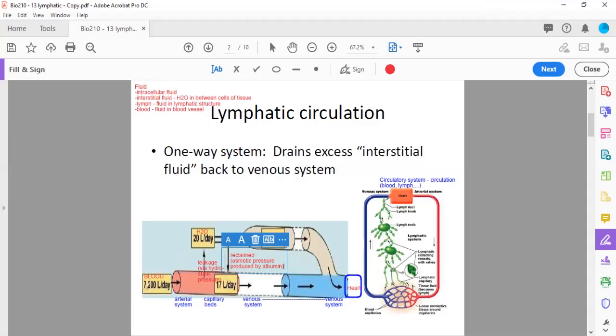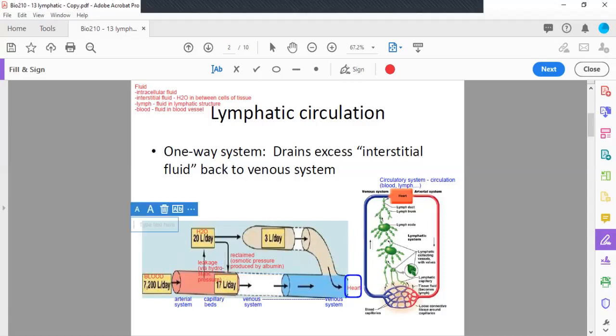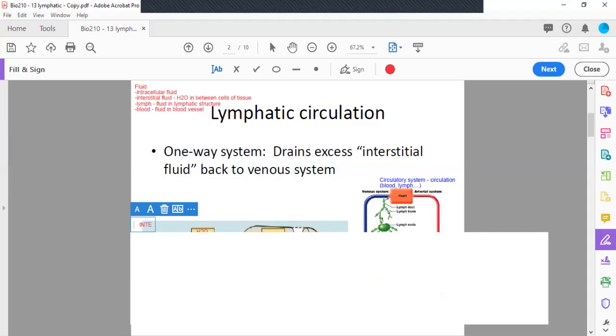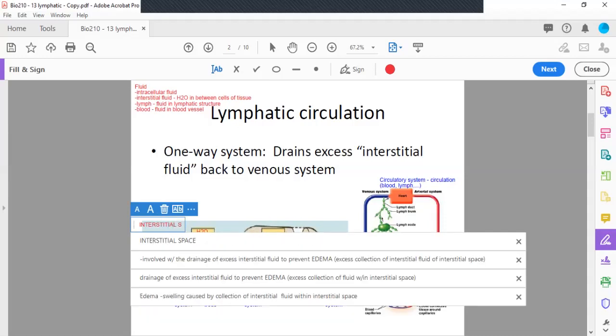So what that means is that the osmotic pressure pulls back the water from the interstitial space, and the blue part right here represents what's called interstitial space. Anything that is inside the space is called interstitial fluid.